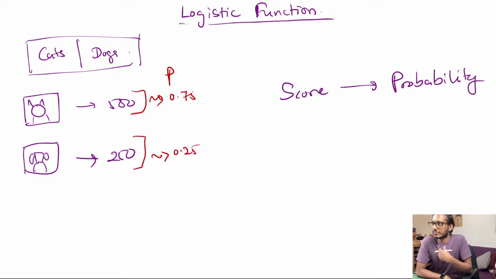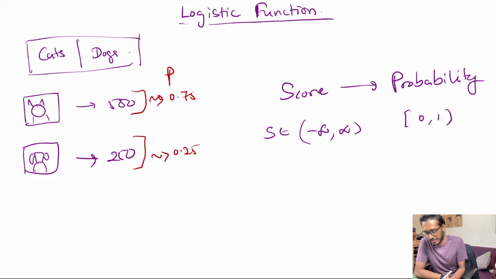So when we want to do this, what we have is that for the score we have S, which is from -infinity to +infinity, and probability, of course, is between 0 and 1, right? So P is between 0 and 1.